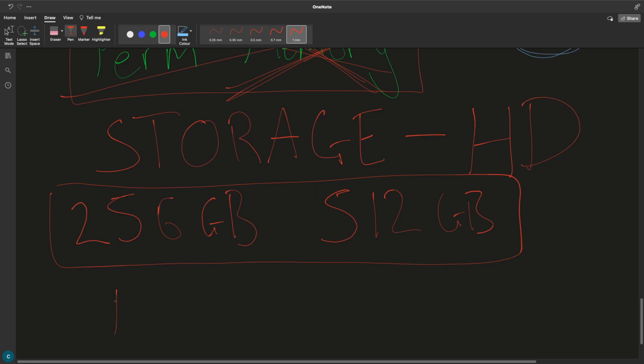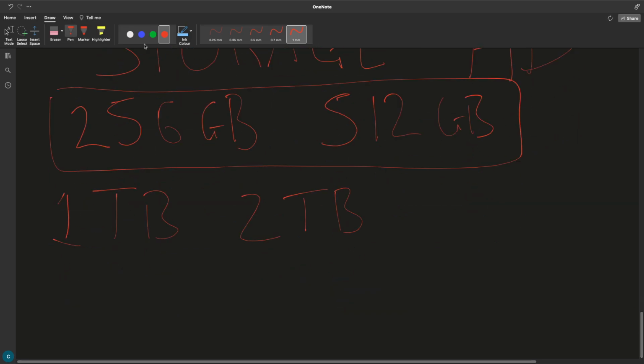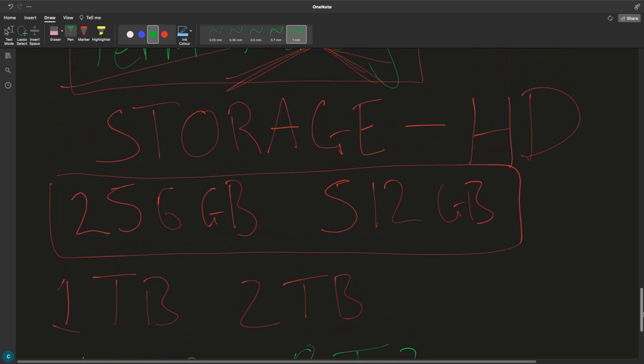You might get a 1 terabyte or a 2 terabyte. And if you're talking desktop and laptop and gaming machines, you might be seeing 4 terabytes, maybe 8 terabytes altogether. You might see 10, 15, 20 terabytes even, to be honest.